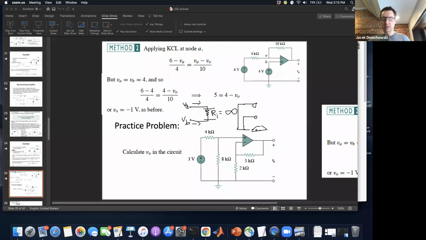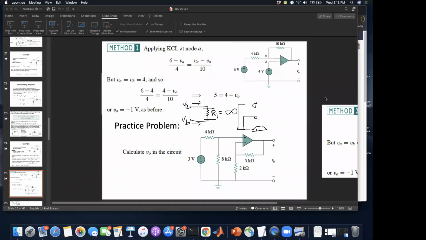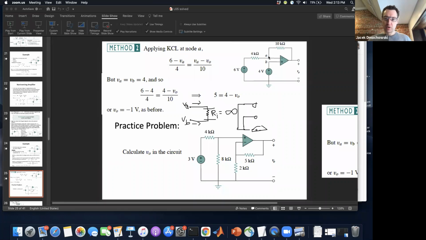But what you just asked is something that I feel like I'm asked almost every year. Does it change for inverting? No, this is true for all op amps. The two inputs are always going to be equal.